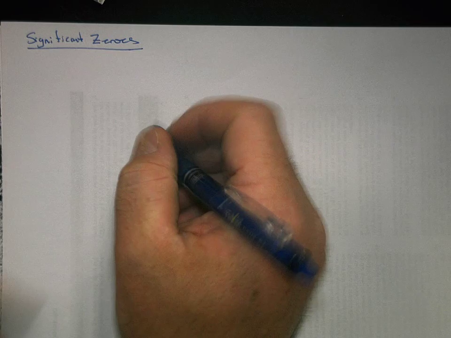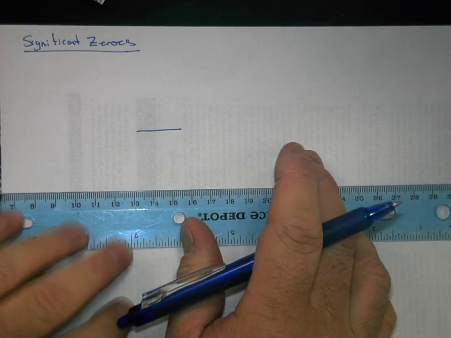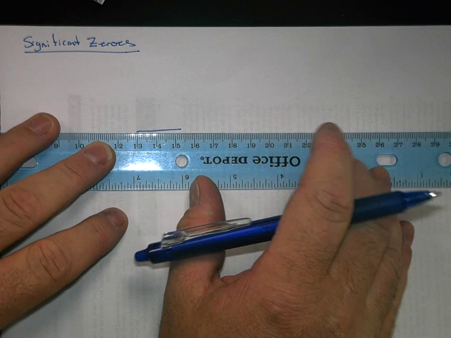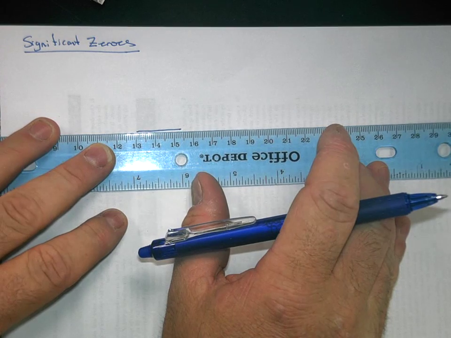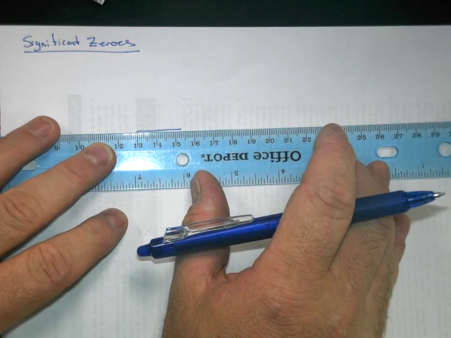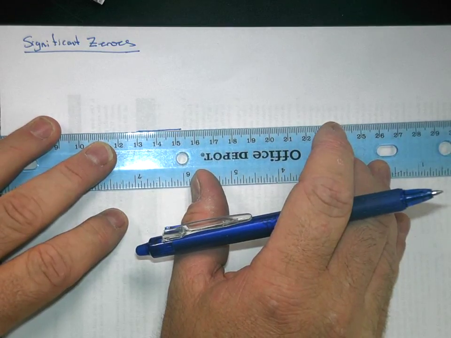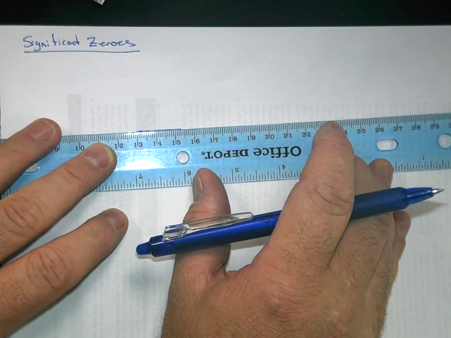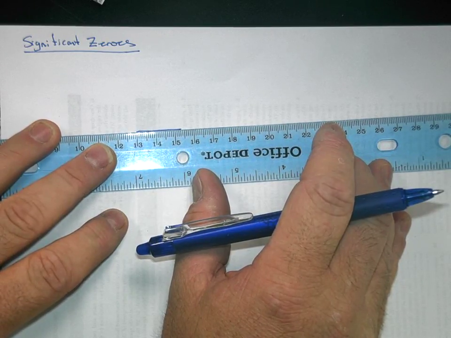Okay, we've talked about so far in this unit the use of significant digits and rulers and the uncertainty digits and that sort of thing. So I'm going to create a line here, and we're going to measure it just to give us something to measure. I'm going to throw it on there. I'll put it on the end. I can't get to the 0 because it's all the way at the end, but you guys are smart enough to figure this part out.